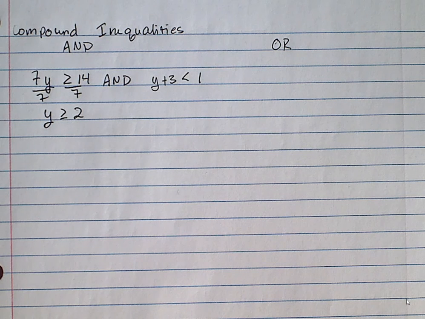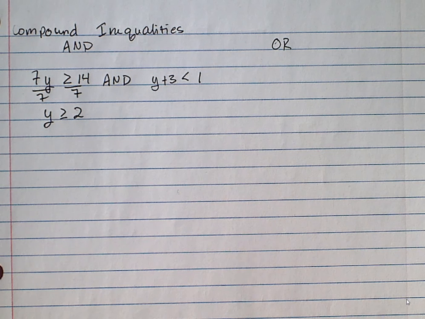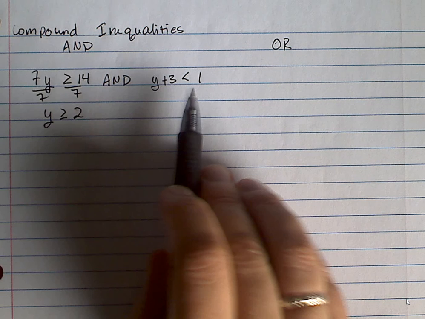Before I graph that, I'm going to do the other one first, and then graph them both at the same time, on the same graph. So the one on the right, Tanner, how would I solve that one? How do I move this over there?